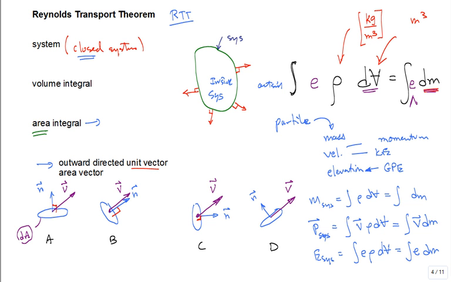Which one of these cases, as I've shown, has the greatest flow rate across it? V is the same vector in all those cases. Same magnitude, same orientation. The size of the little dA is the same, the orientation's changed.